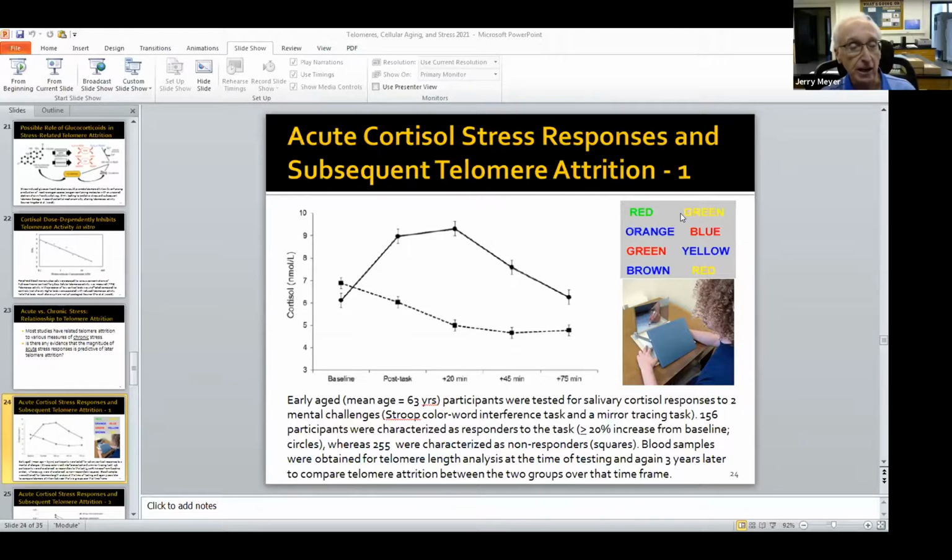The subject is given a bunch of words in a color that's discrepant from the name of the word. So when you see this word here, orange, your first inclination is to say orange because it's the word orange, but the correct response in the test is to speak the name of the color.